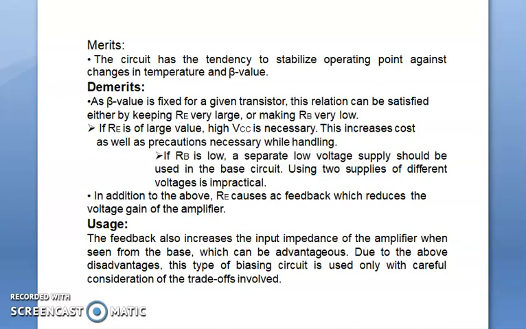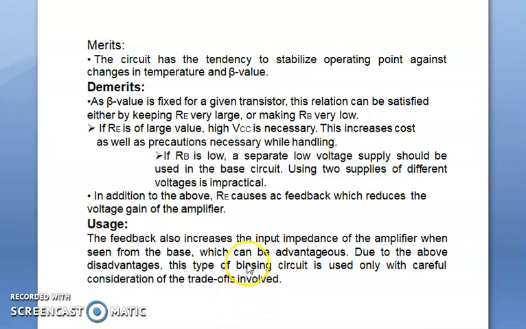This increases cost as well as the precautions necessary while handling. If RB is low, a separate low voltage supply should be used in the base circuit. Using two supplies of different voltages is impractical. This is a demerit of this type of biasing circuit.